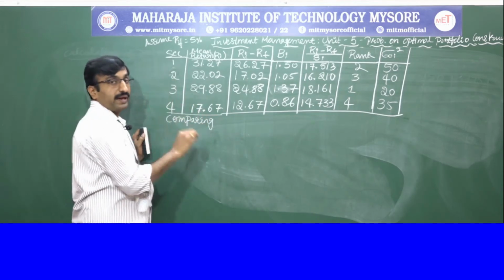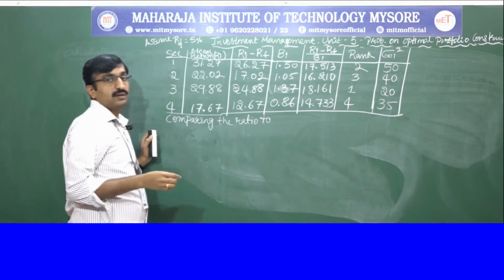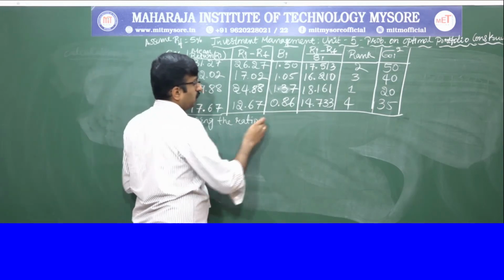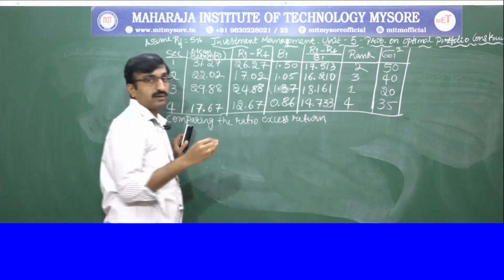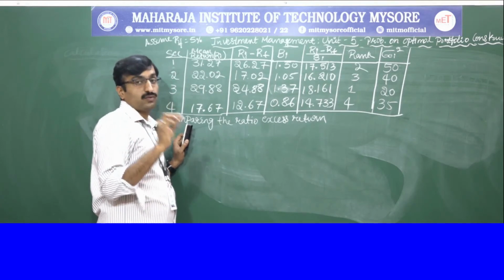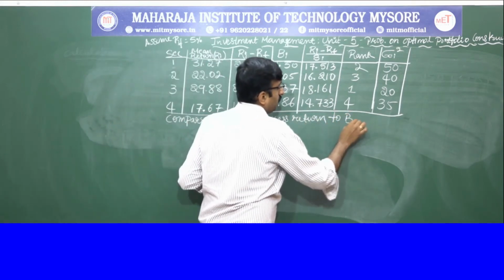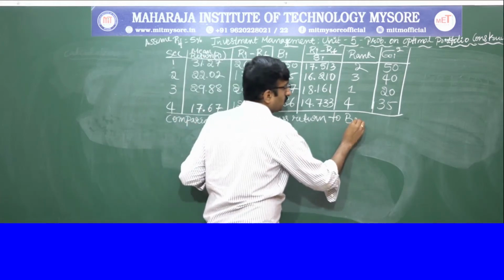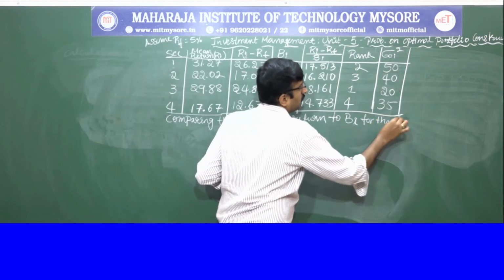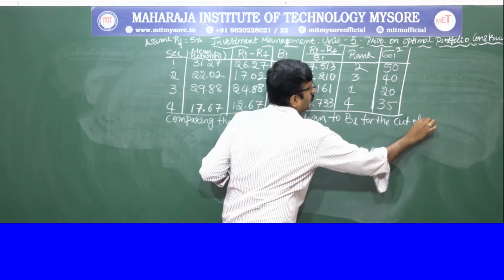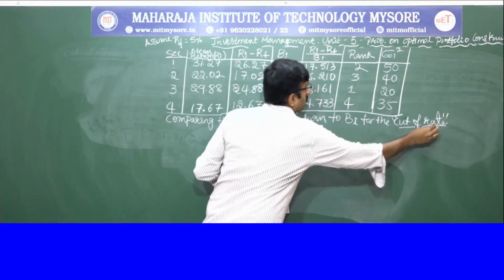We have to compare the ratio of excess return to the individual beta for calculation of the cutoff rate. For the cutoff rate we have to find out this one.